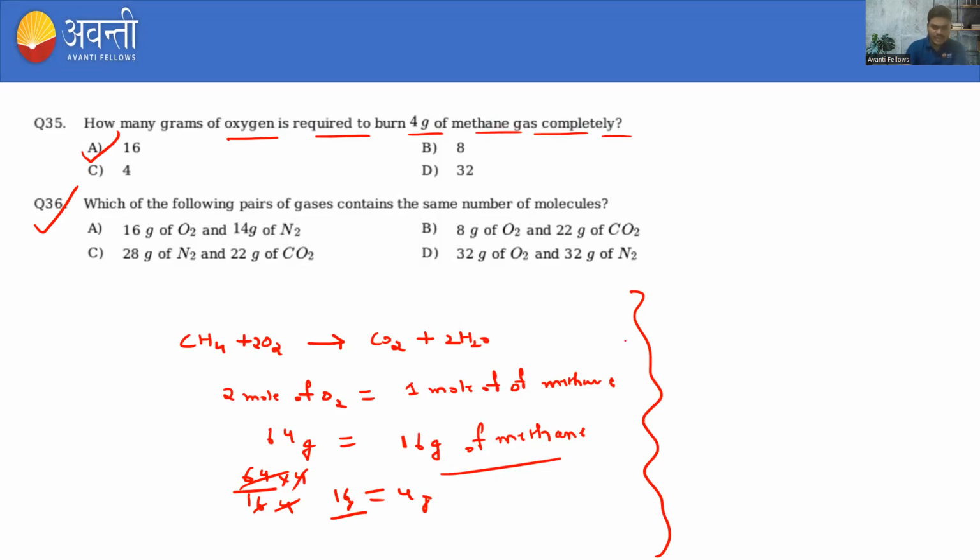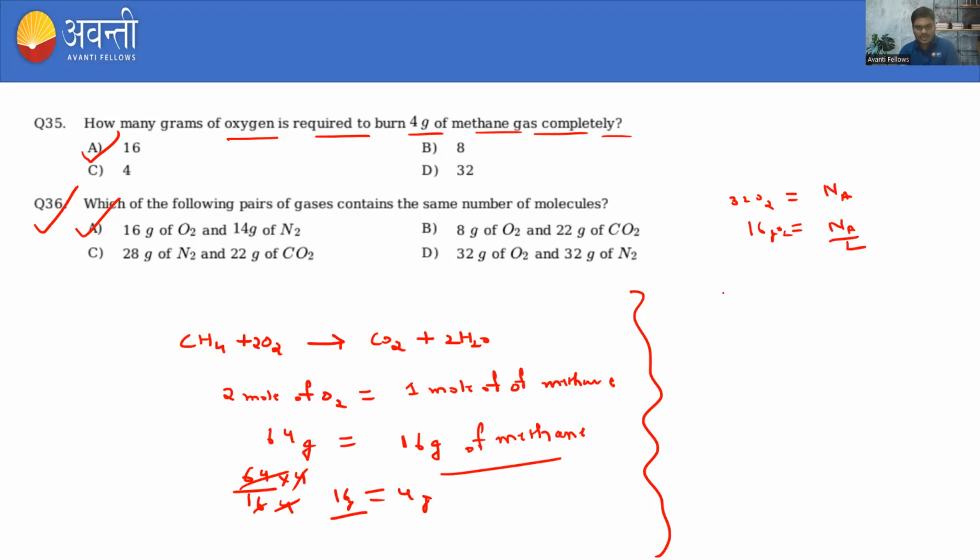If you look at option A, then we know that 16 gram of O2, because 32 gram, that is the molecular mass of O2, is equal to Avogadro number. We all know that a molecular mass in grams is equal to the Avogadro number, that is the number of molecules present in one mole. Similarly, for 16 gram of O2, the value is Na by 2.